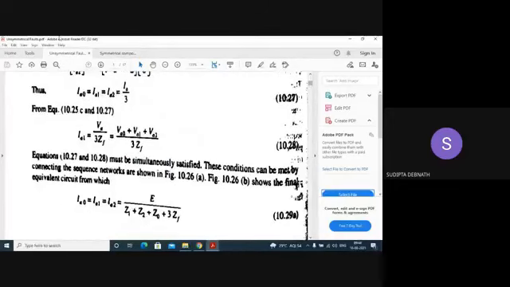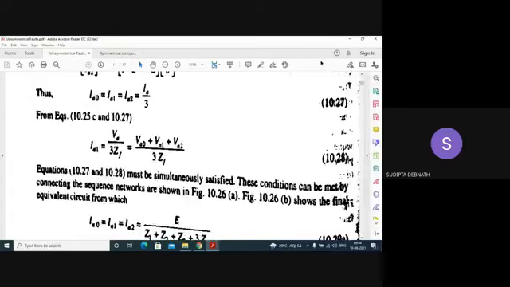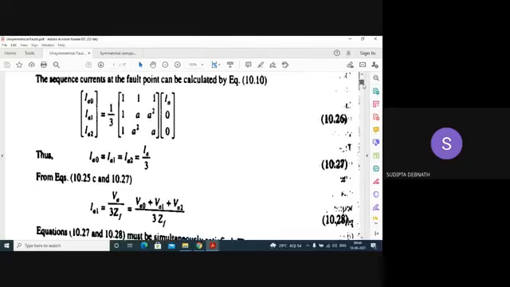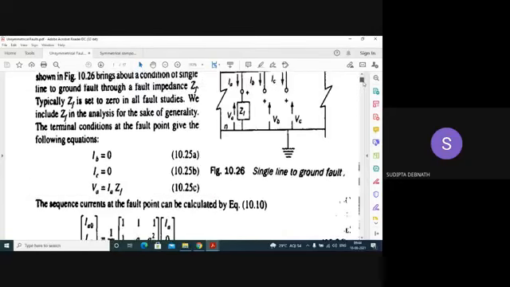Now, what is IA1? IA1 will be V by 3 thrice ZF, isn't it? Because this is ZF, this ZF will become equal to thrice ZF.